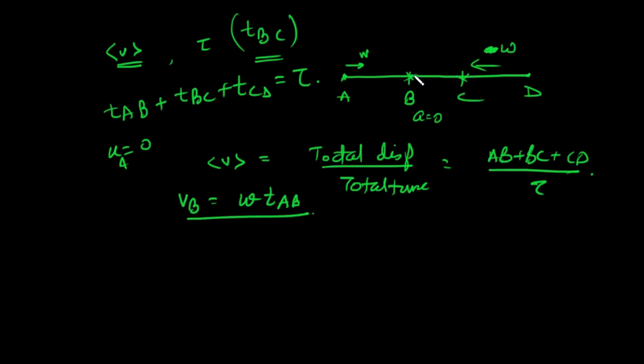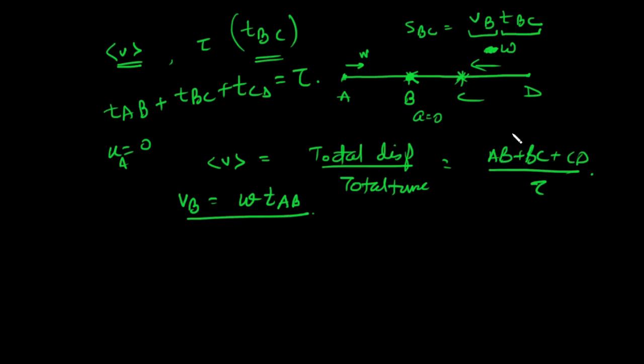Since it is moving uniformly, the distance BC would be equal to the velocity at B times the time taken from B to C. Why? Because here the acceleration stops, so the velocity reached at B will continue till C. And now what about C?